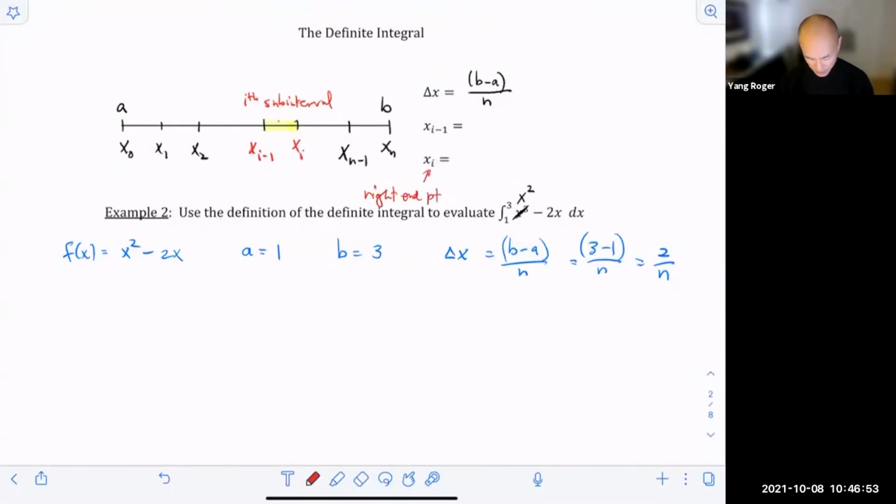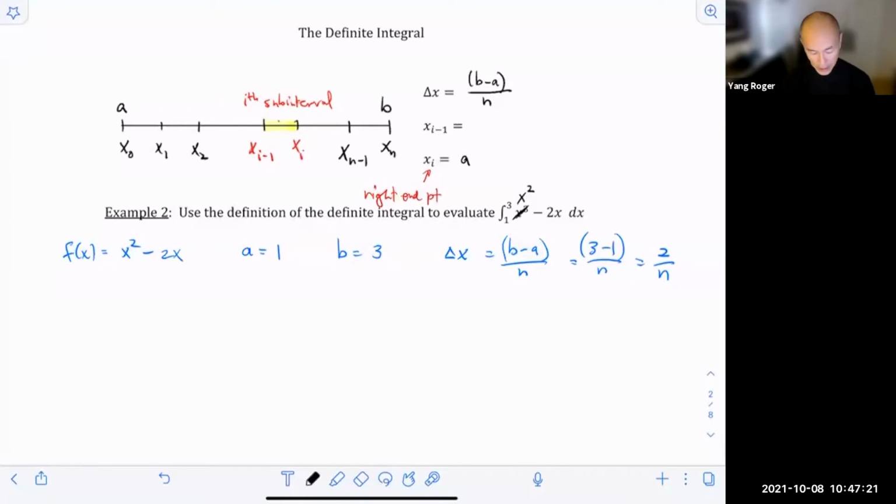So how do I find a formula for this right endpoint? Well, you start at your first endpoint. If I looked at this first subinterval here, the right endpoint would be x1, right? If you wanted to get this, you would start with your a, and then you would add 1 delta x.